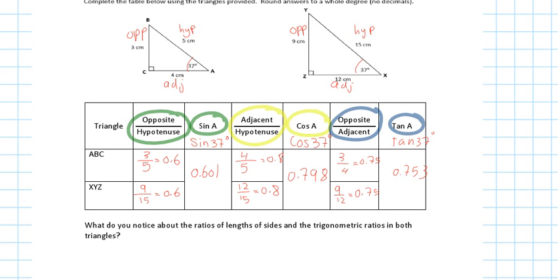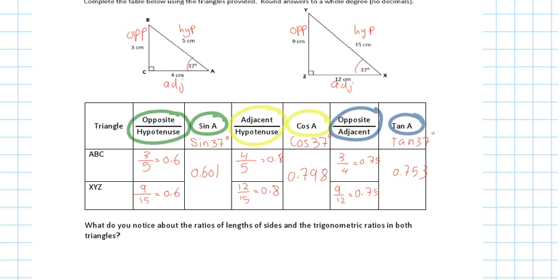Okay? And this is where the formulas come from. Have you guys heard of SOHCAHTOA before? This is where SOHCAHTOA comes from. Because look at this. S-O-H, so. C-A-H, cat. T-O-A, toe.